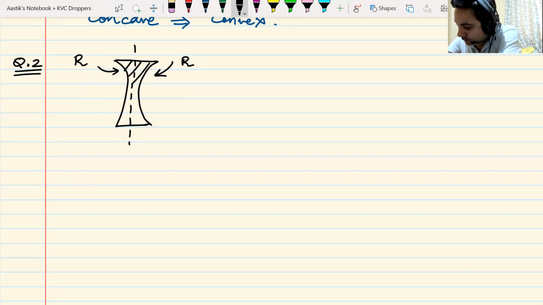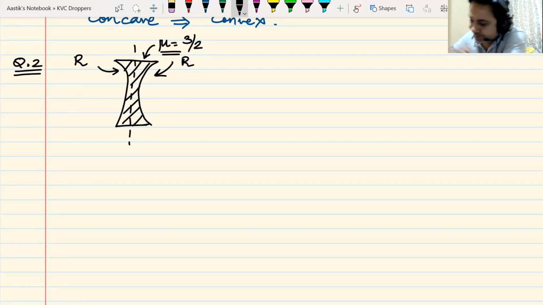It is made up of glass, and the refractive index of glass, remember, is equal to 3 by 2. Even if you don't remember this, it will be given in the question. It is placed in air.